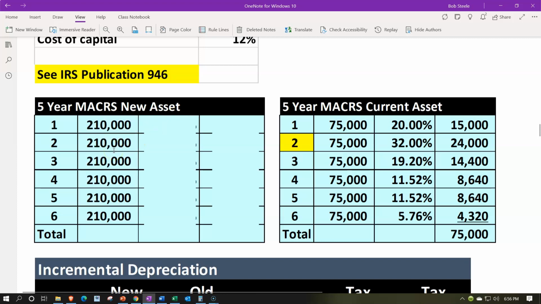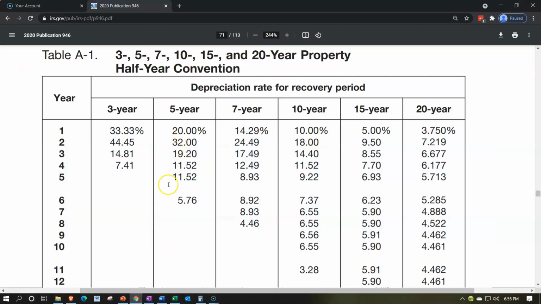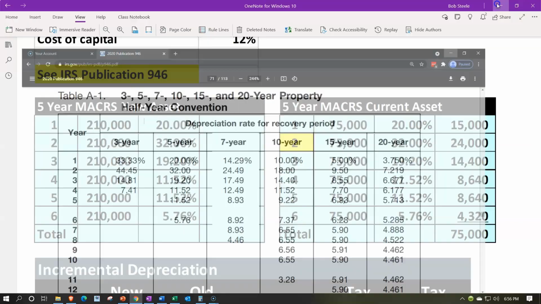So let's calculate the depreciation on the new equipment starting now at this point in time going forward, years 1 through 6. We have the same rates, which we're going to be pulling from our table over here. We're just pulling these same rates because it's the same MACRS table, the 20, the 32, the 19.2, and so on.